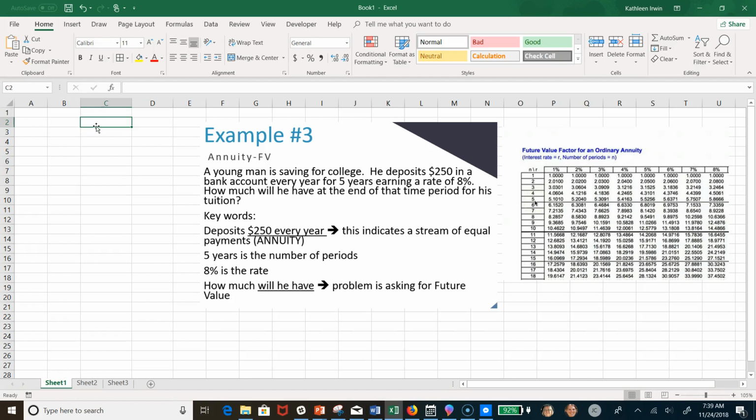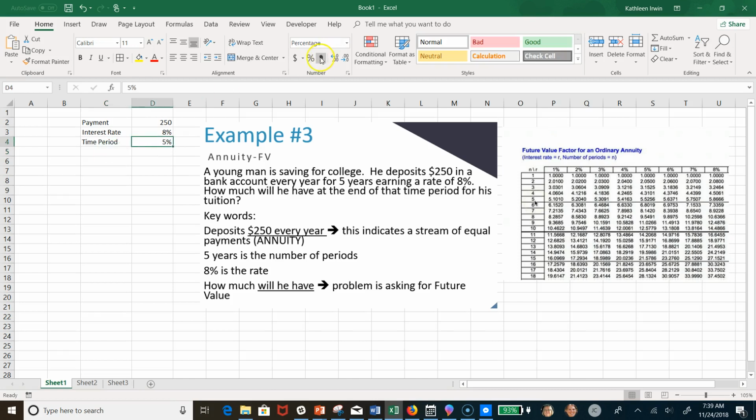So our payment is going to be $250. Our rate is 8%. Our time period is 5 years.